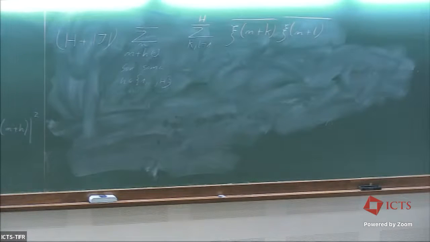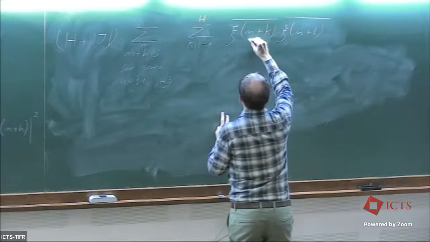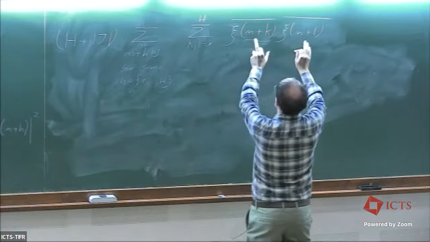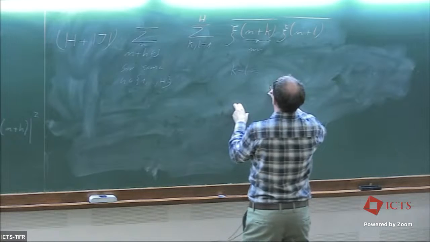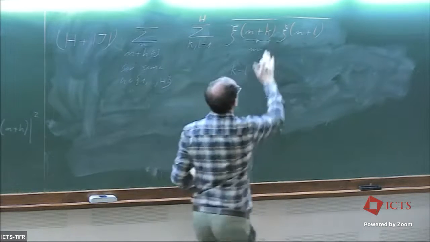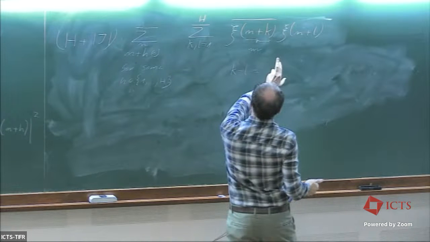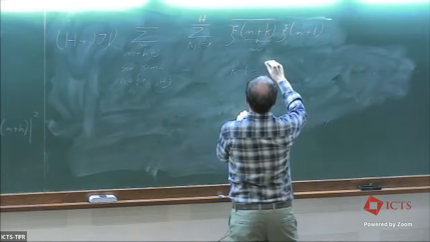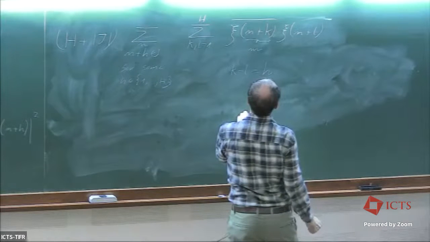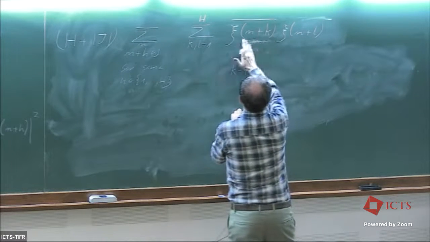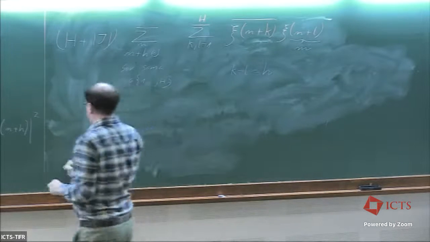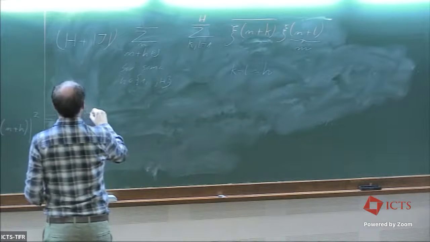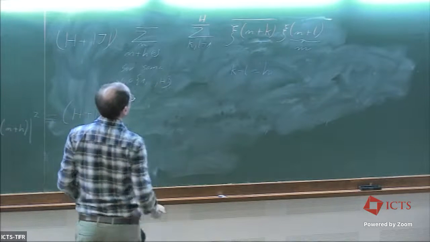And now we do again a change of variables. So we say that this is m, and the difference of these two, k minus l, is equal to h. Okay, so let's call this m here then.